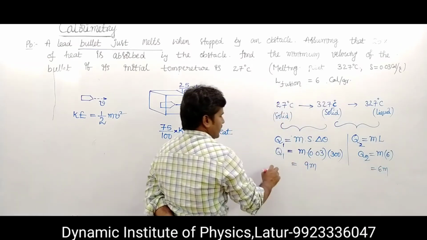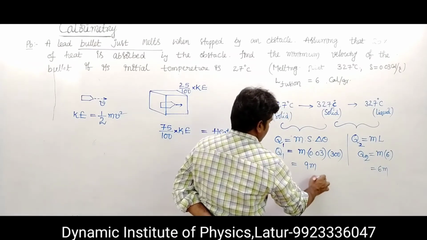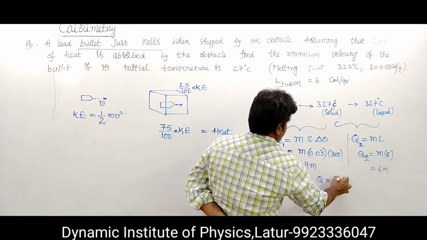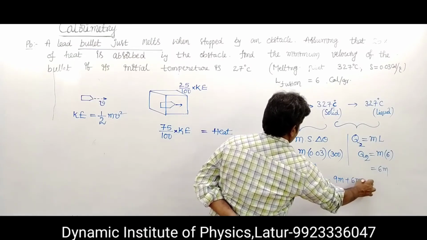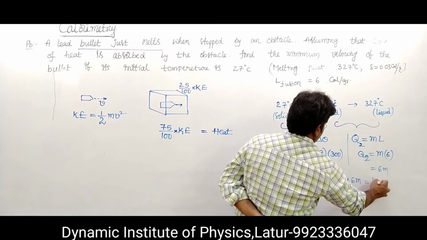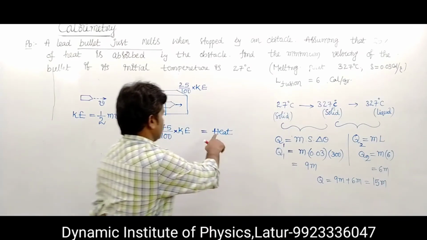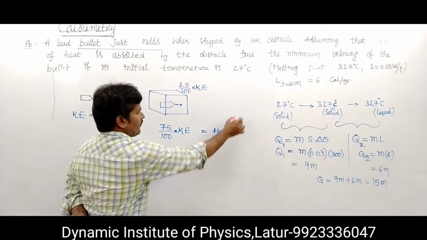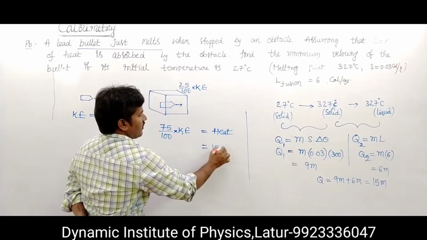The total heat Q equals 9m plus 6m, which is 15m.